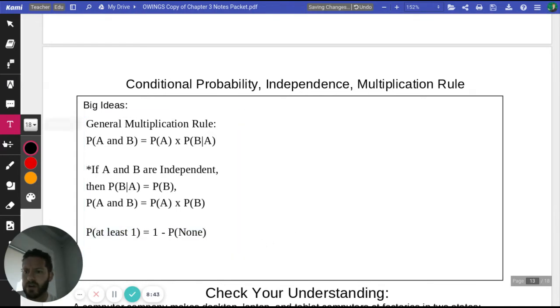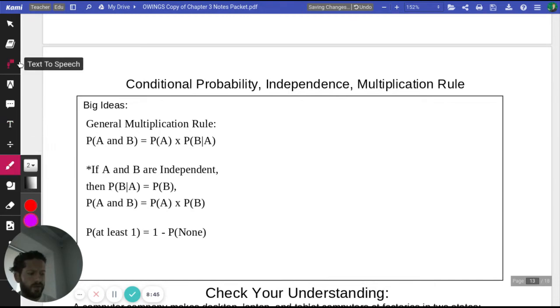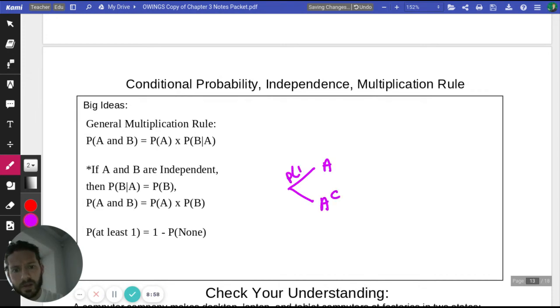I do want to draw a quick little tree diagram off to the right and write some notes for tree diagrams. So we can say that first we have event A, either A happens or the complement of A happens.